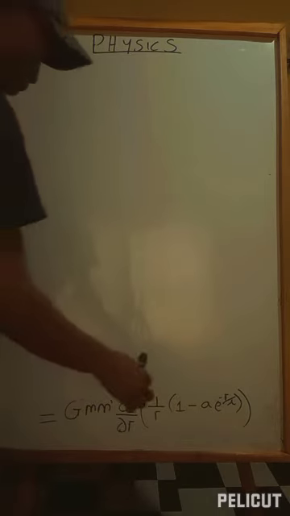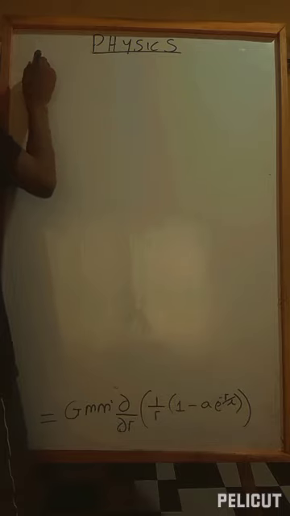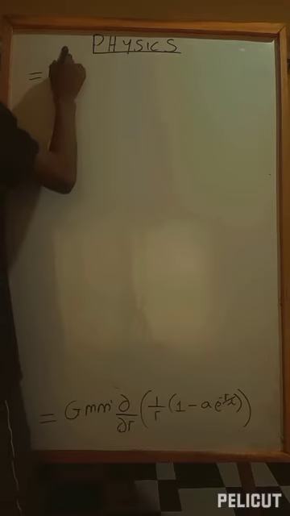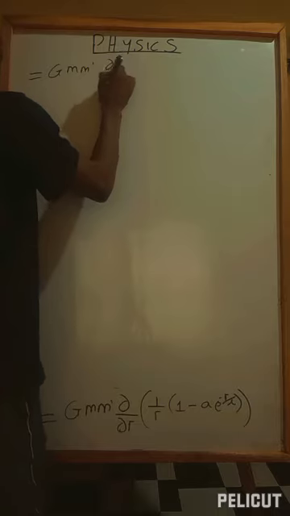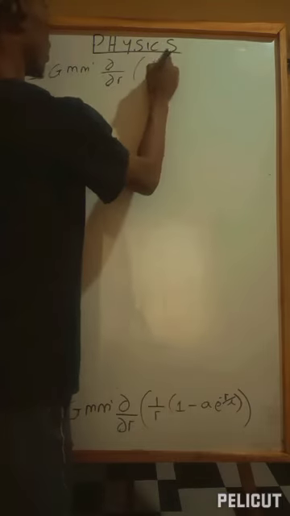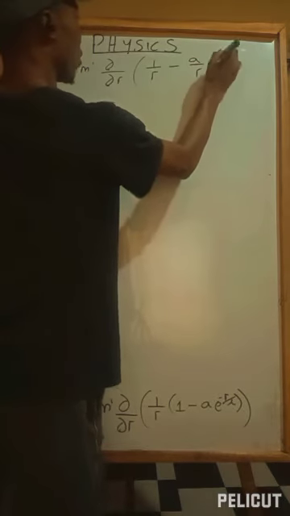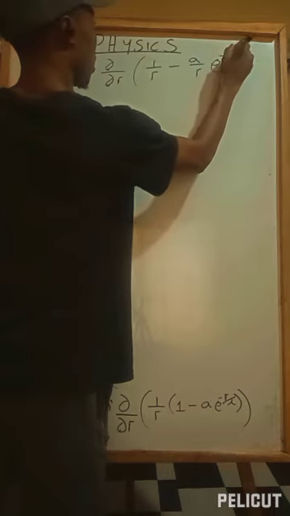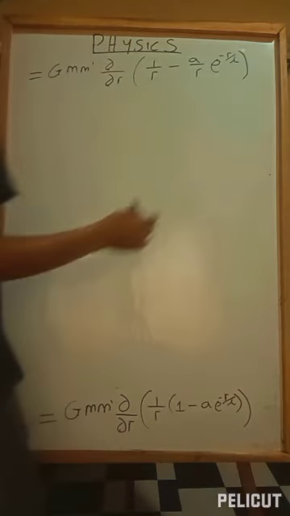Let's expand what is in this bracket. This is going to be G m m prime d/dr of (1 over r minus a over r exponential of minus r over lambda).